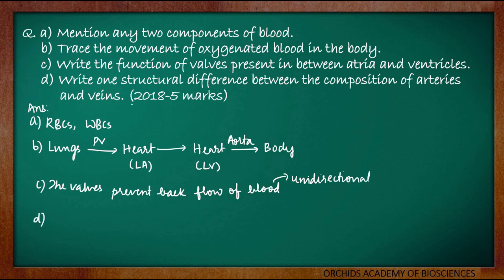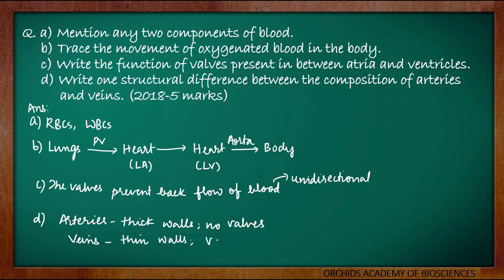The last part of the question asked, write one structural difference between the composition of arteries and veins. Arteries have thick walls and no valves, whereas veins have thin walls and valves are present.